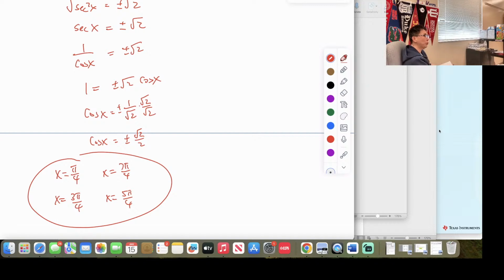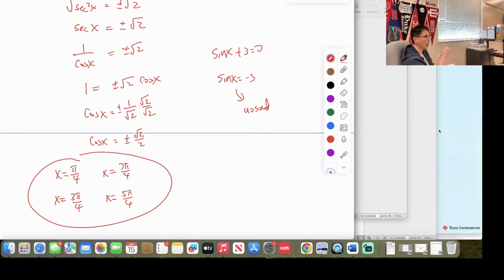Now, a couple of questions from yesterday. For example, if you have sine of x plus 3 equals 0, then sine of x equals -3, and this has no solutions. The reason is that sine of any value cannot be bigger than 1, because on the unit circle the biggest length is 1.